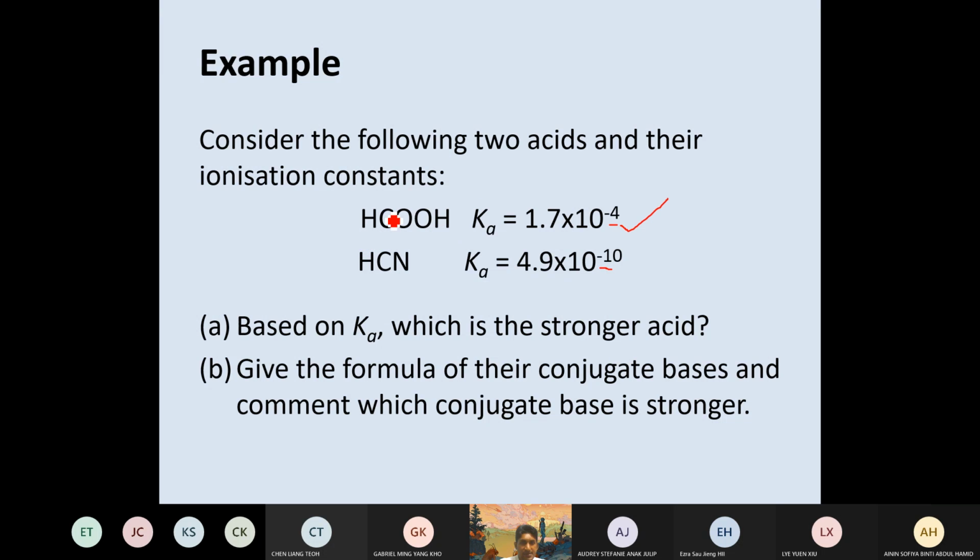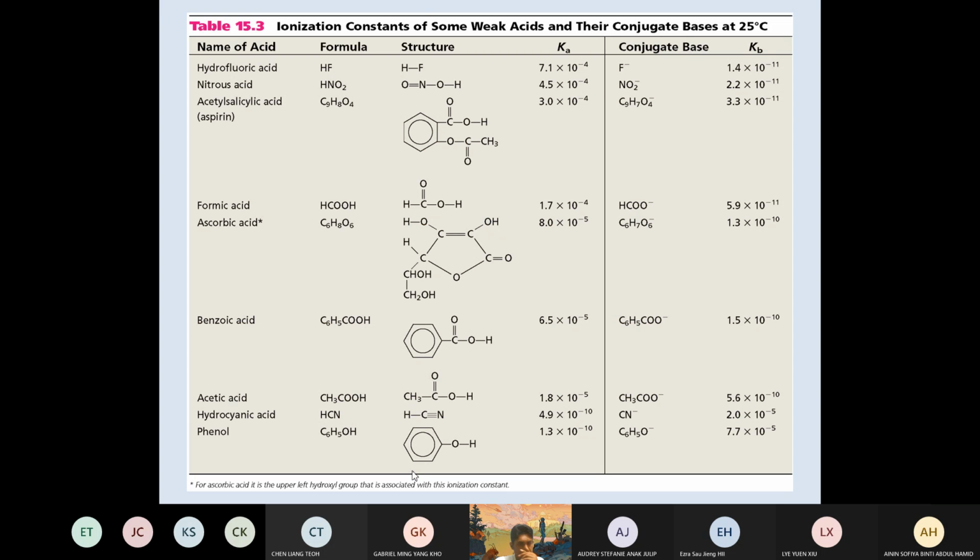Of course, this one, because 10 to the -4 is bigger than 10 to the -10. Now give the formula of their conjugate bases and comment on which conjugate base is stronger. As we know, the weaker the acid, the stronger the conjugate base, and the stronger the acid, the weaker the conjugate base. Here, hydrocyanic acid is the weaker acid of the two, so its conjugate base will be stronger than the formate.